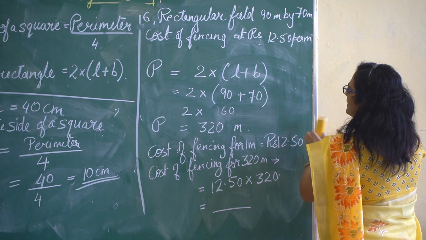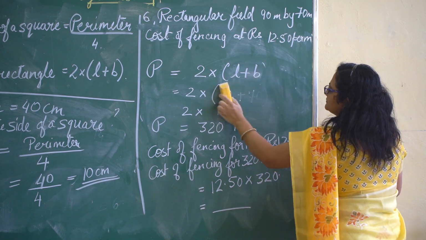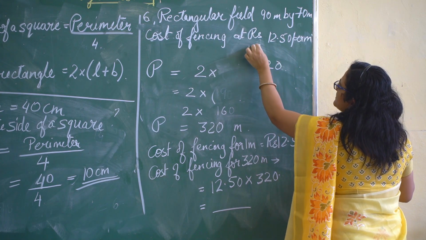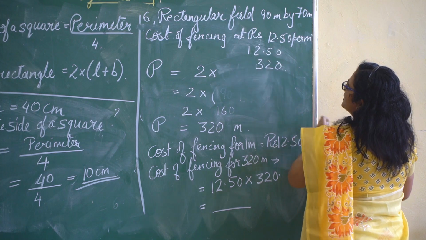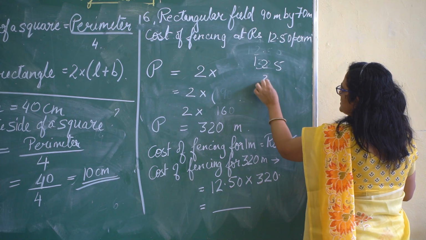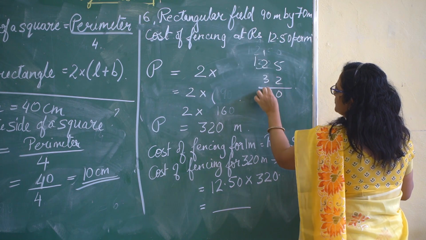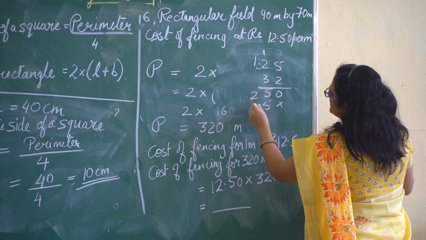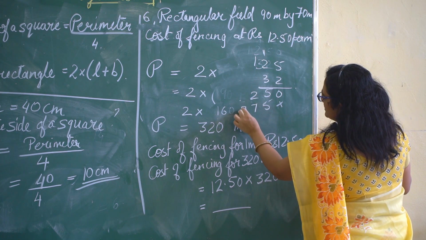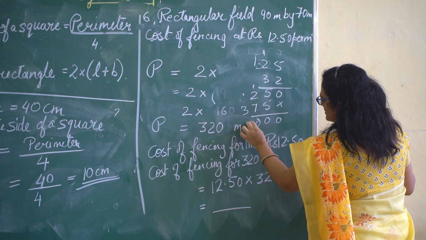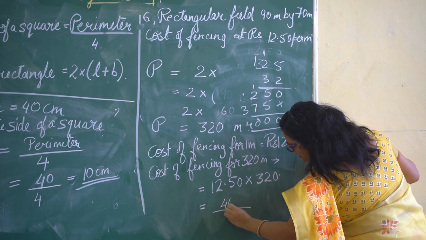How much? 320 multiplied by 12.50, 0 we will write afterwards. Multiplying gives 4,000.